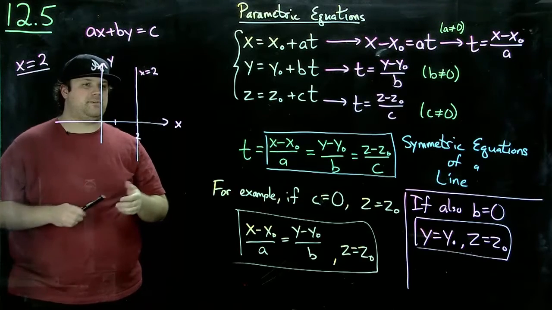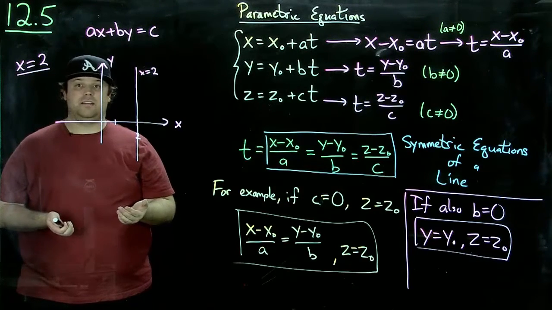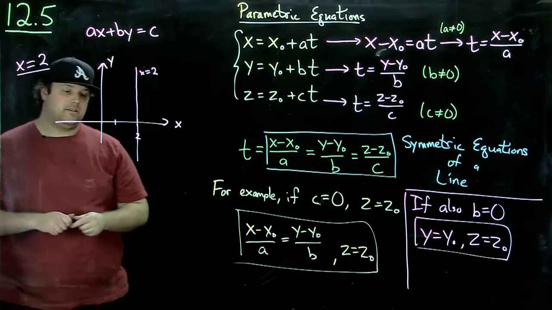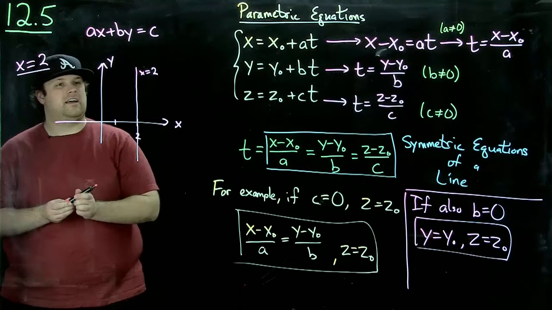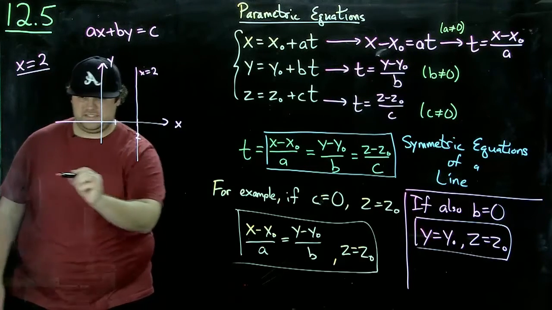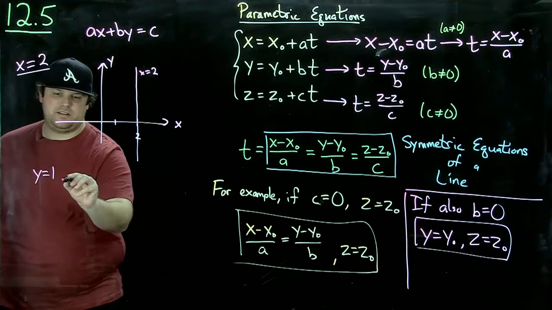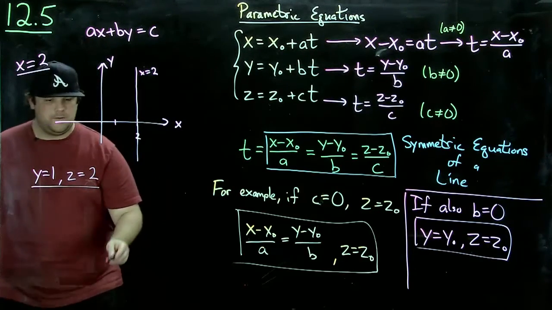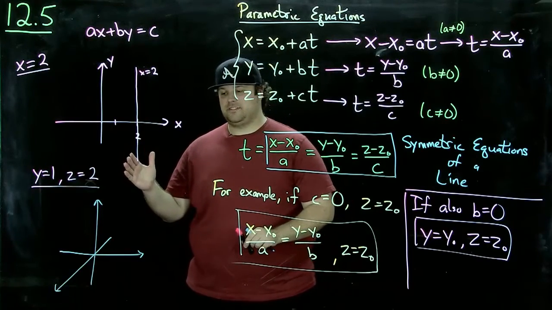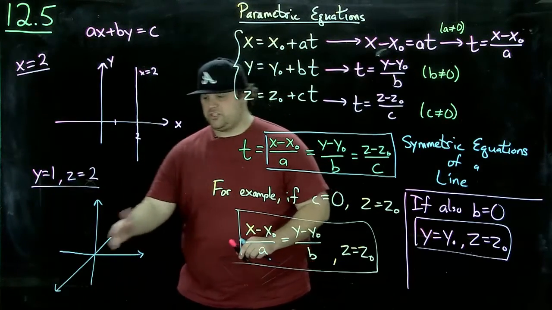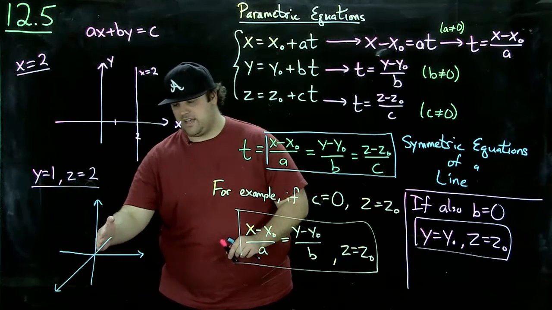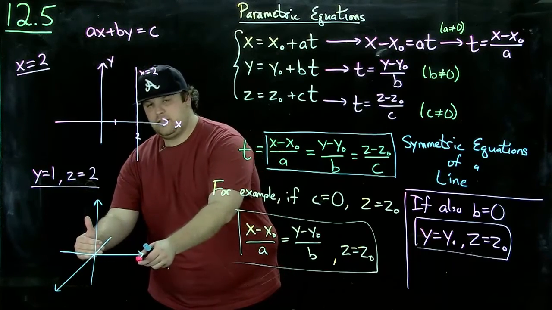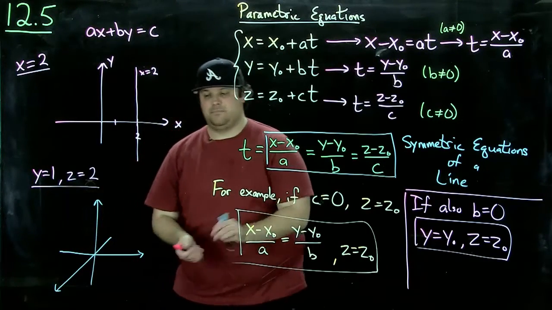In 3D space, it'll be a similar kind of thing, except now you'll have a z-axis. So let's see if we can figure out how to graph, let's say, y equals 1, z equals 2, just as a quick little example. Remember, we have to use our right-hand rule to decide how to label these axes. Since x is going out, if I curl towards y, then z is up.